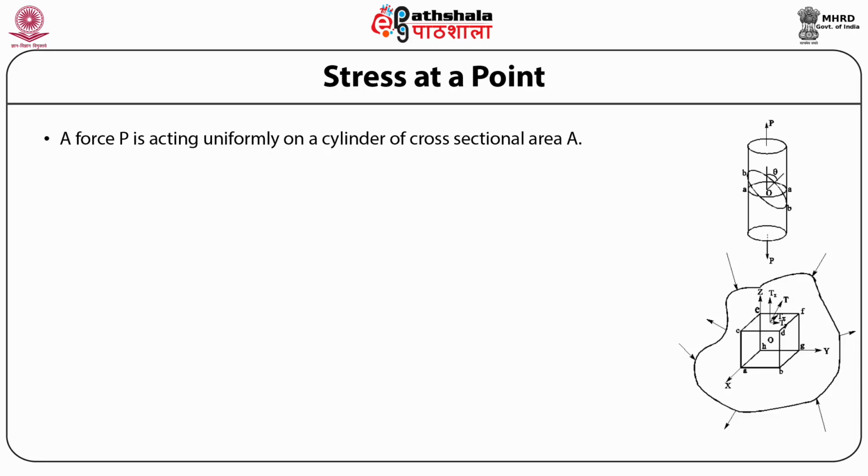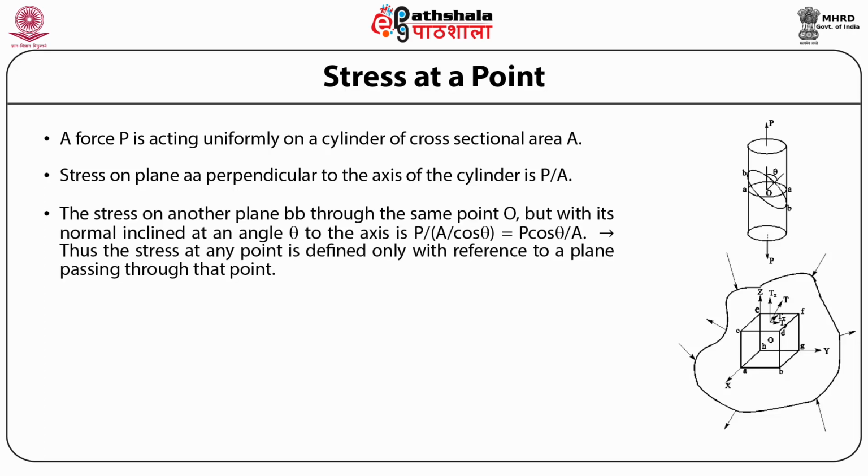Thus, if a total force P is acting uniformly on a cylinder of cross-sectional area A as shown in this figure, then the stress on any plane AA passing through the point O and perpendicular to the axis of the cylinder is P by A. However, the stress on another plane BB through the same point O, but with its normal inclined at an angle theta to the axis, would be P by A by cos theta, equal to P cos theta by A. Thus the stress at any point is defined only with reference to a plane passing through that point.